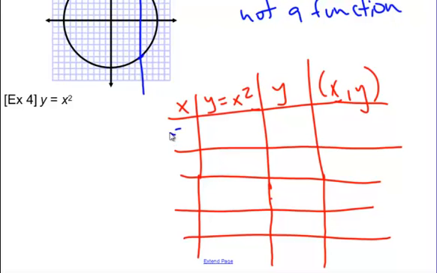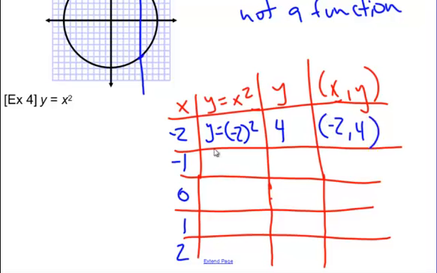So here, let's do -2. I'll just use the same ones, -2, -1, 0, 1, and 2. This is very common to use, okay? So that would be y equals -2 squared. Remember, -2 times -2 is +4, so that gives us -2, +4. Let's do this one, -1 squared. -1 times -1 is +1, so that'll give us -1, 1. 0 squared is just 0, right? 0 times 0.